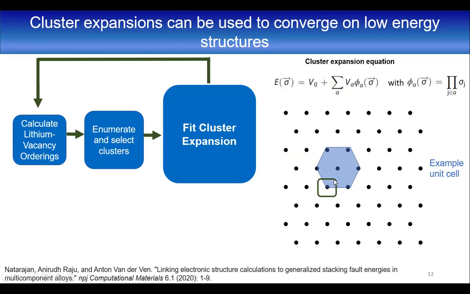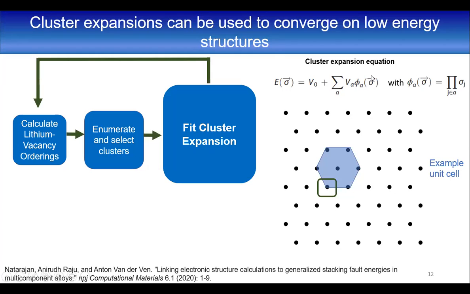But if you choose some kind of distance cutoff and some kind of cutoff of what size of cluster you think is going to be relevant, you can enumerate those. You can solve the point correlation function for each of these.